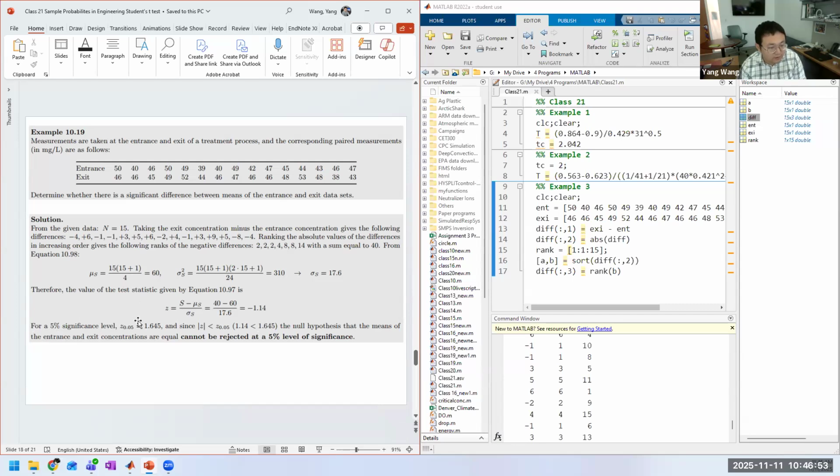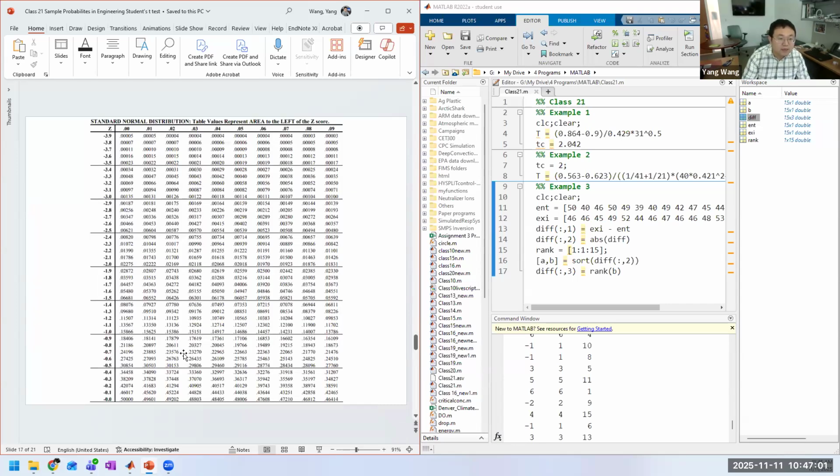For a 5% significance level, you can find out the critical z value, which is 1.645. If you go to this table here, we're looking at the 5% significance level. You can see it's between these two values, so it's going to be 1.645.